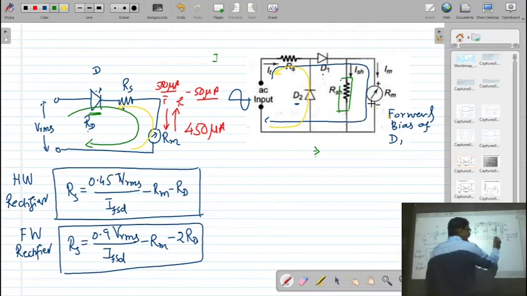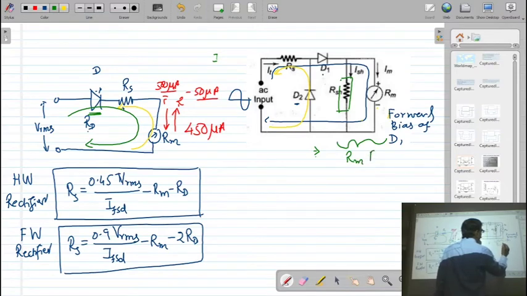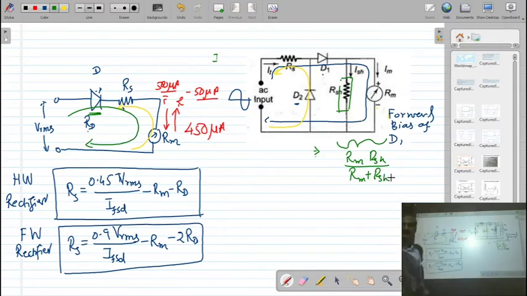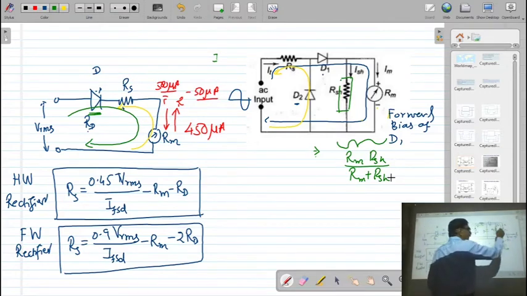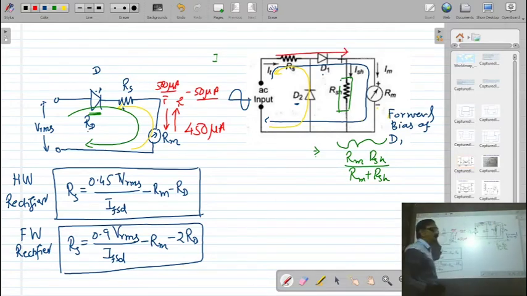So, here, if you see the effective resistance, that is Rm into RSH divided by Rm plus RSH, correct, shunt resistance. So, here we are decreasing the value of resistance of the galvanometer, so that more current will pass through the diode D1, and the diode D1 will now operate in a linear region.